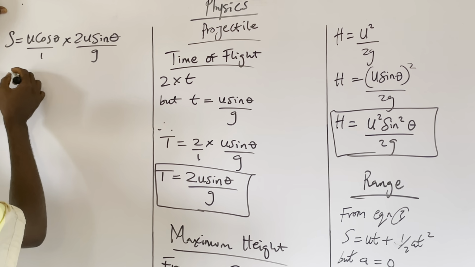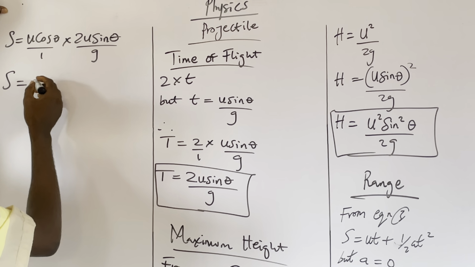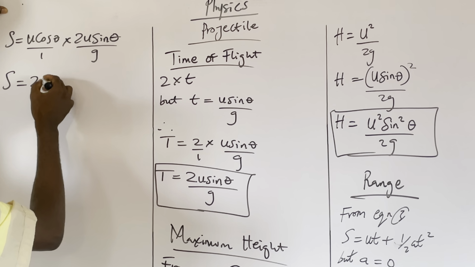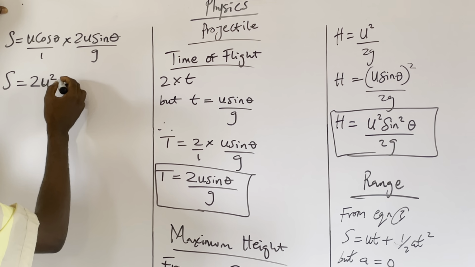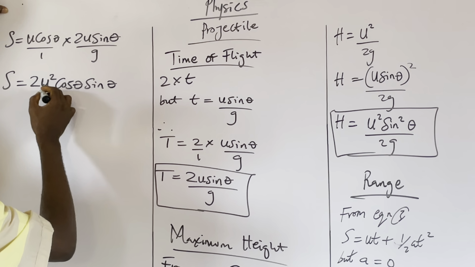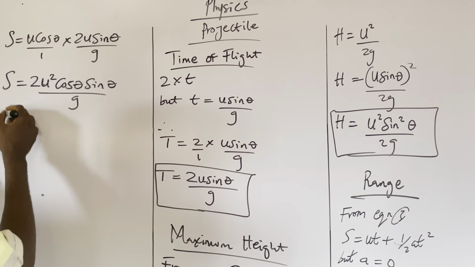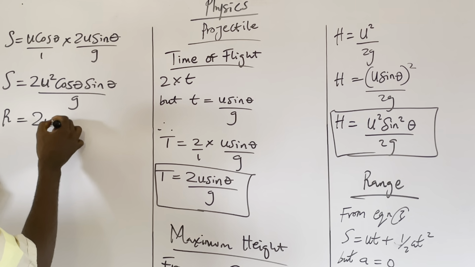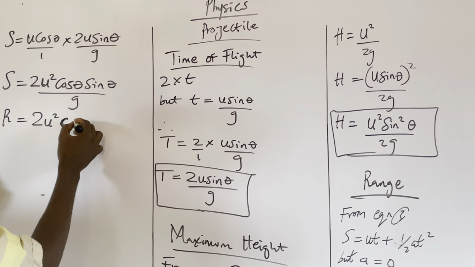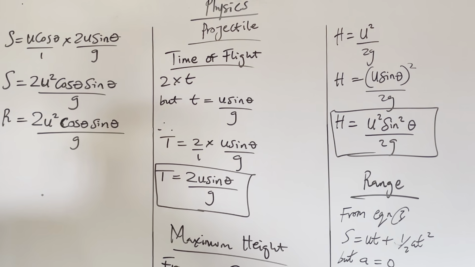So now s is equal to 2u squared cos theta sin theta over g. Now we need to tell ourselves that this x now is range. So we say R is equal to 2u squared cos theta sin theta over g.